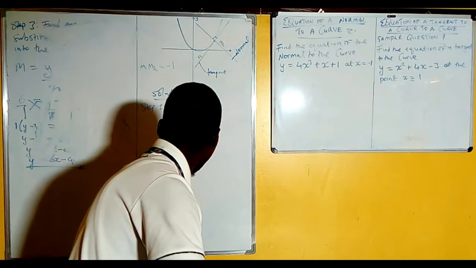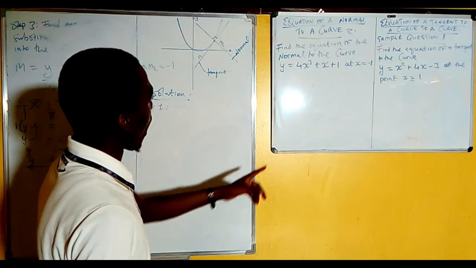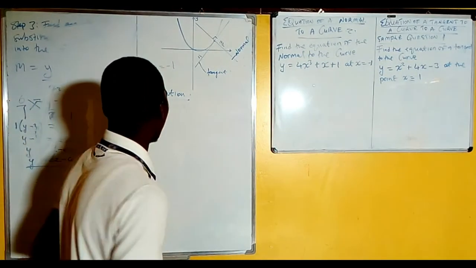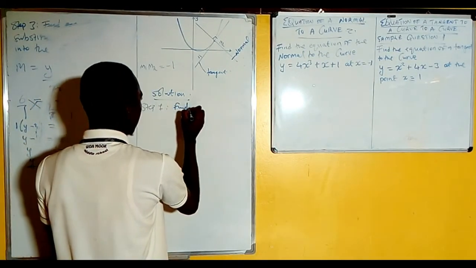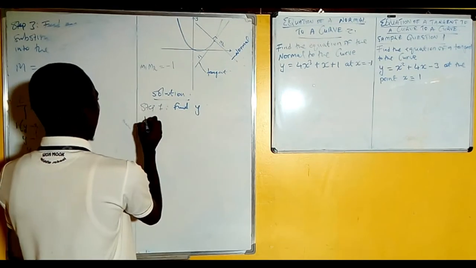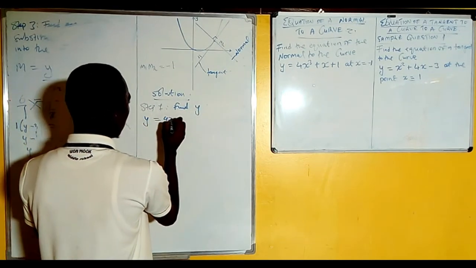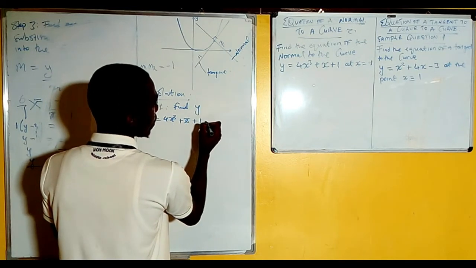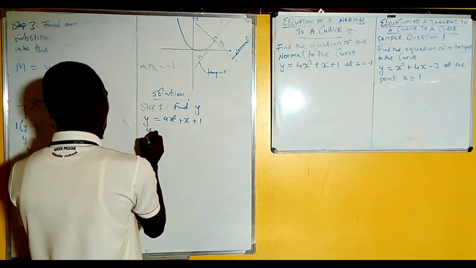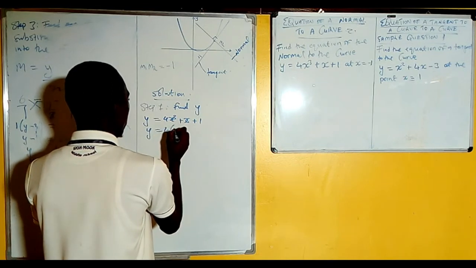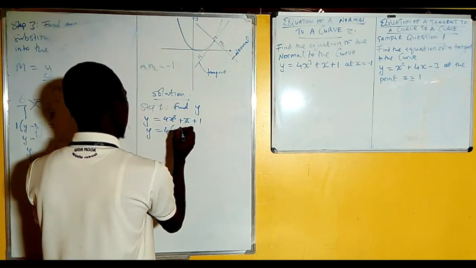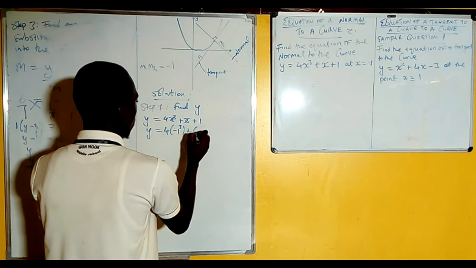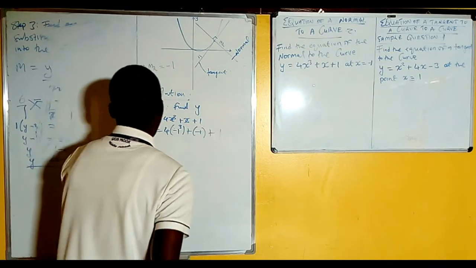So step 1, we are simply going to also find the value of y. So find y. We are going to write y is equal to 4x to the power 3 plus x plus 1. Then y is equal to 4, we put our value, which is negative 1, to the power 3 plus negative 1 plus 1.